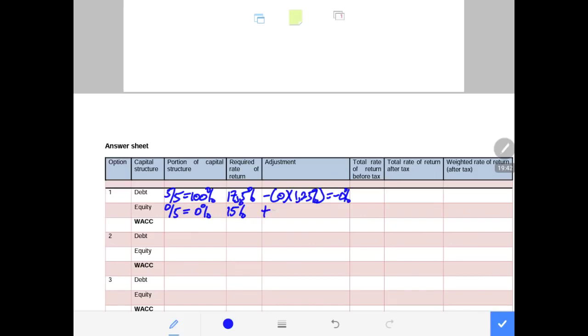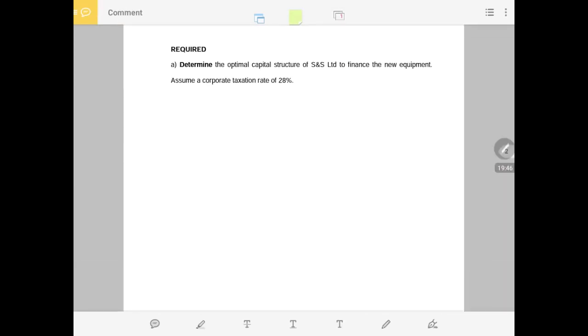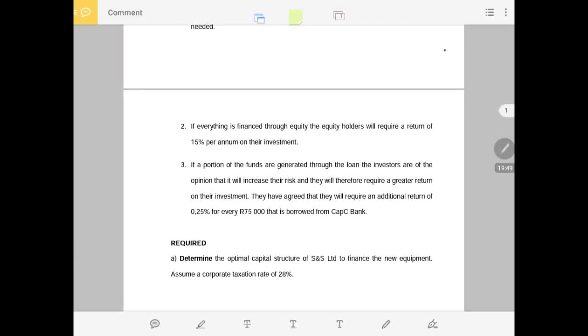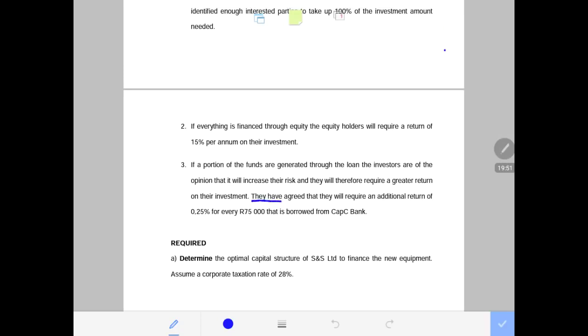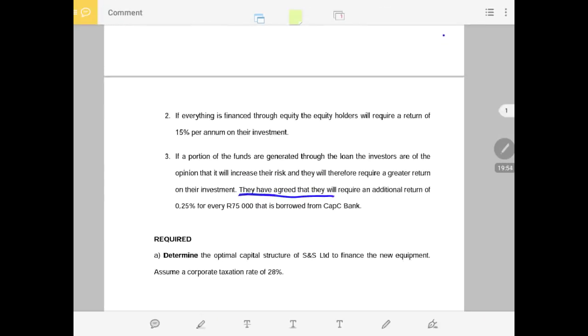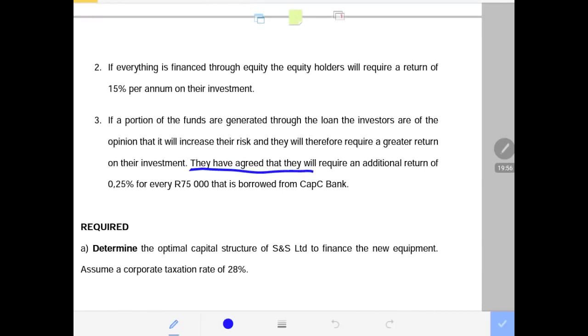But for every amount that is funded through the loan, let me go there once again. For every amount that is funded through the loan, they have agreed that they require an additional return of 0.25 for every 75,000 that is borrowed from Cape Bank, meaning for every 75,000 that is not taken through equity, there will be an increase in the expected return of the prospective investors.